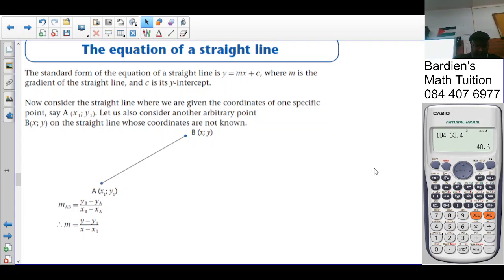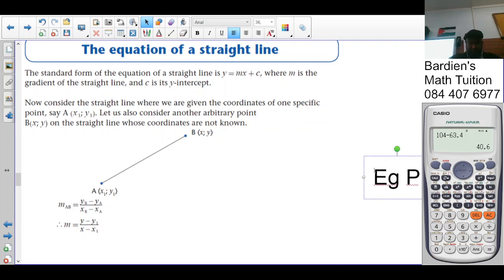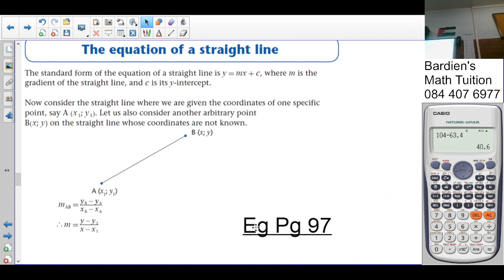It leads up to the example in this way. So at this point we are told the equation of straight lines. The standard form of the equation of the straight line is y is equal to mx plus c, where m is your gradient of the straight line and c is your y-intercept. Write that note down.